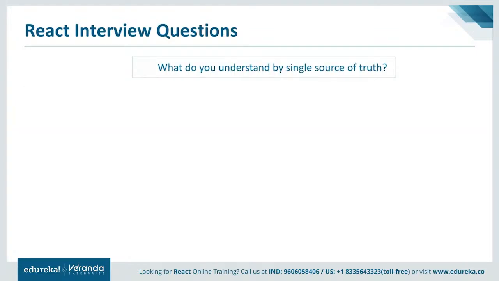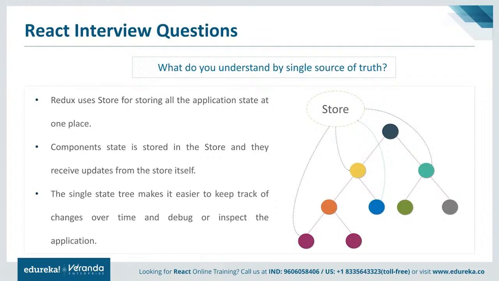What do you understand by single source of truth? When I say single source of truth, it is the store which I'm talking about in a Redux application. Redux uses a store for storing all the application state in one place. Whatever state changes happen in a React Redux application will be notified to the store or will happen in conjunction with the store. So the components' state is stored in the store and they receive updates from the store itself.